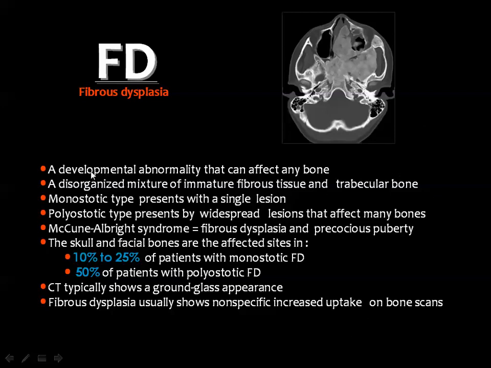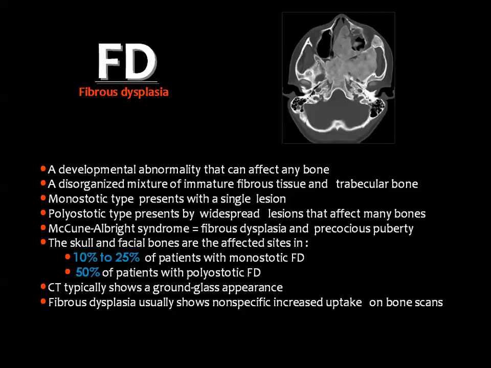As you all know, it is a developmental abnormality that can affect any bone, and the major diagnostic features include expansion of the involved bone and the ground glass appearance of the expanded bone. The skull and the facial bones are affected in about 10 to 25% in patients with monostotic fibrous dysplasia.